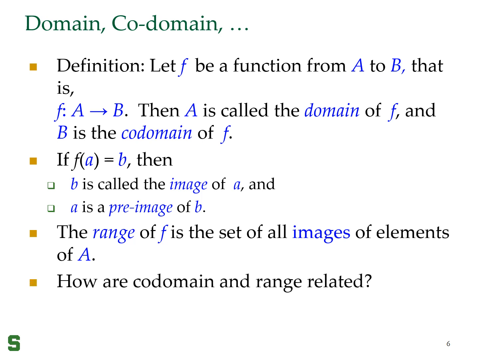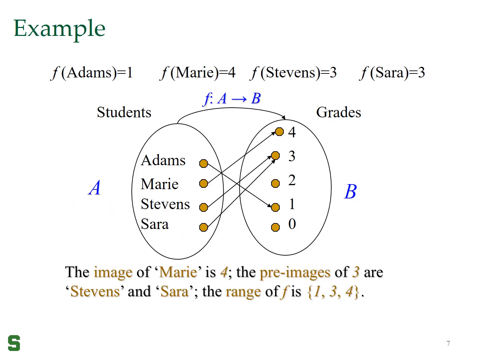Let's review the question. How are codomain and range related? What we want is the range is a subset of codomain. Range may be equal to codomain, but it may not be equal to codomain. So let's look at an example.